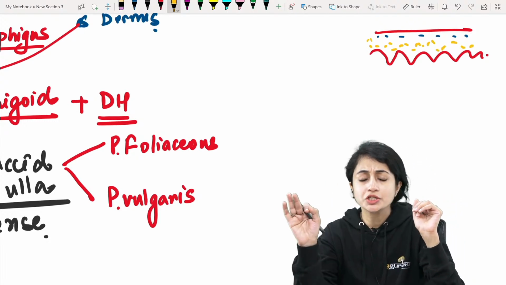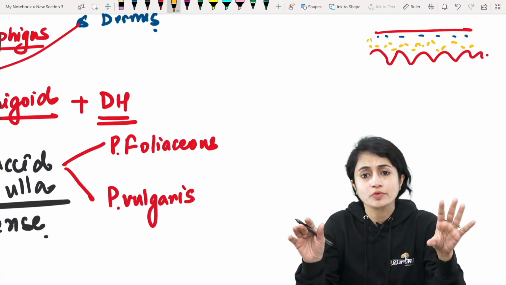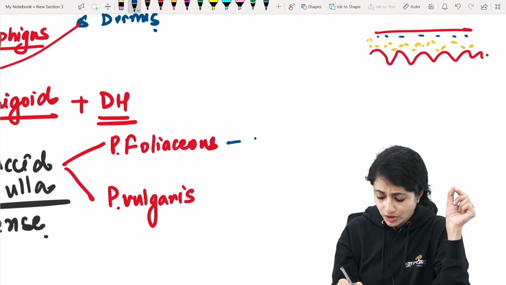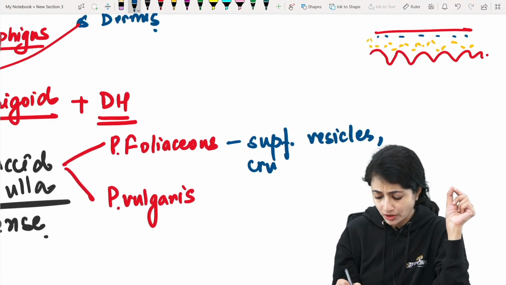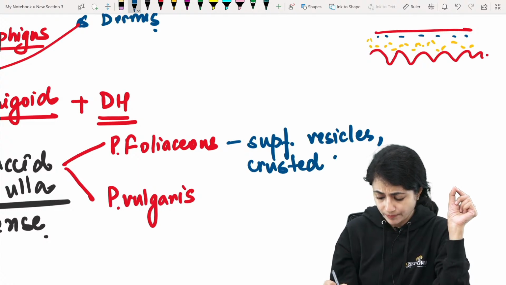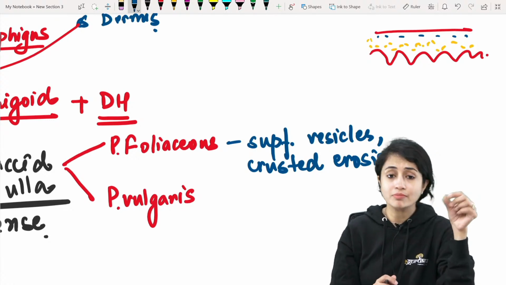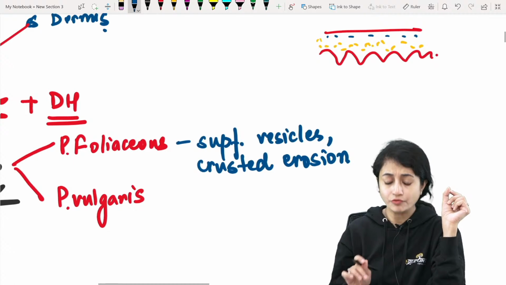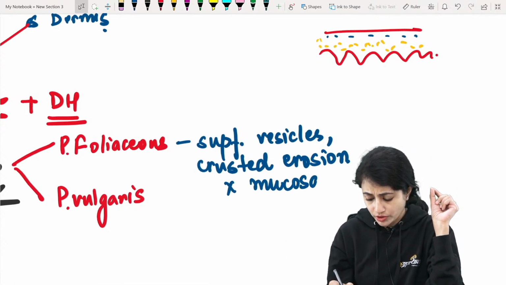So, in foliaceus, you form vesicles, but they are so superficial that they rupture easily. So, my foliaceus presents with superficial vesicles which rupture easily, forming crusted erosions. I hardly see any vesicles and bulla, I see mainly crusted erosions. And in foliaceus, I do not see any mucosal lesions.